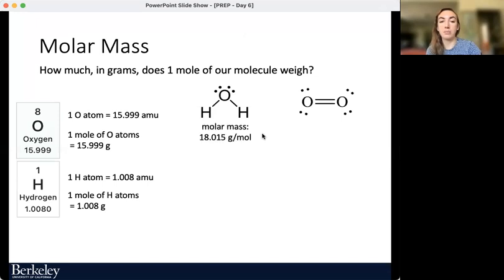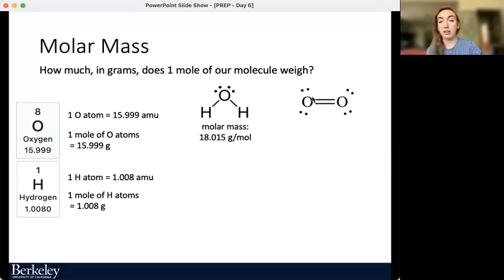So to get the molar mass, I'm just going to take 15.999 plus 2 times 1.008. So the molar mass of water, or H2O, is 18.015 grams per mole.